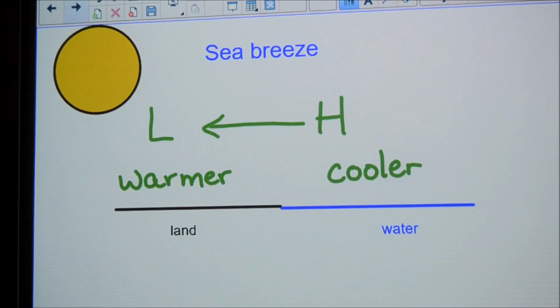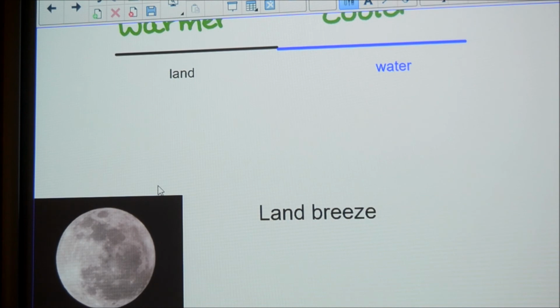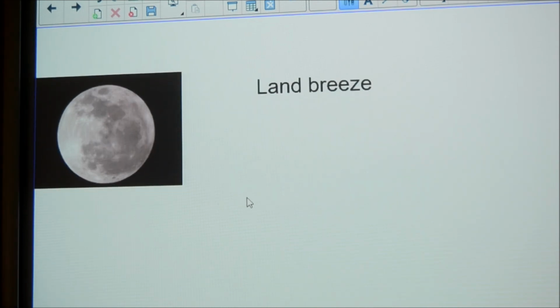So that's the sea breeze. During the night, I'll put a full moon for you, peaking at midnight. So with that one, it's my land breeze.